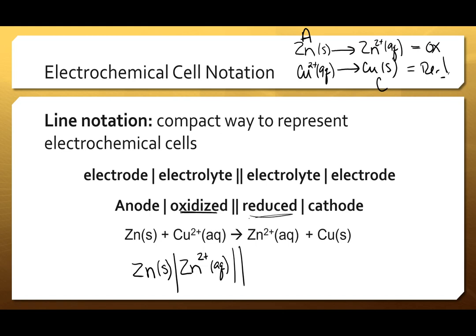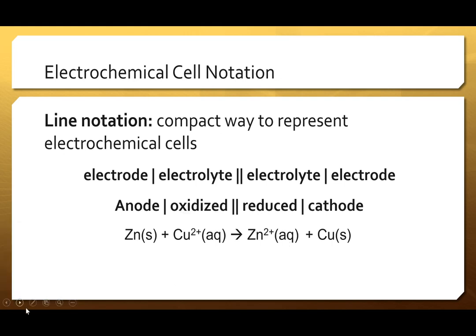Then we go to the other half cell, and we do the electrolyte of whatever was reduced, copper 2+. And then a single line, and we write our cathode, which is the copper solid. That's it. That is the line notation for this particular cell. Let me give you a clean version of it. So that's what it looks like. That's the line notation. Okay.